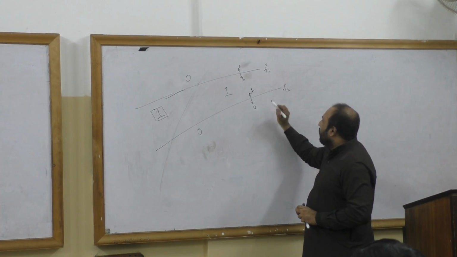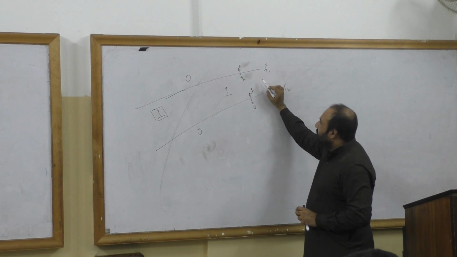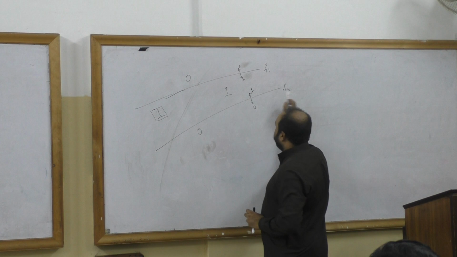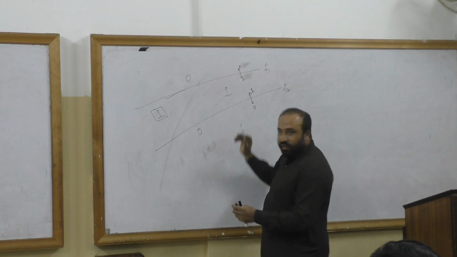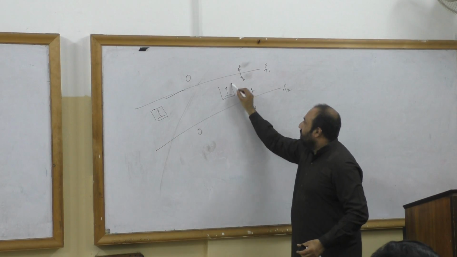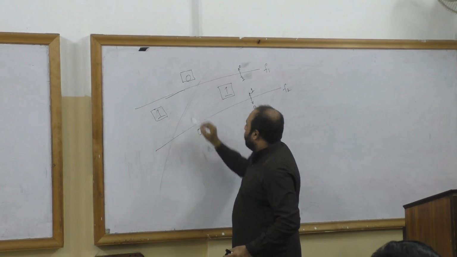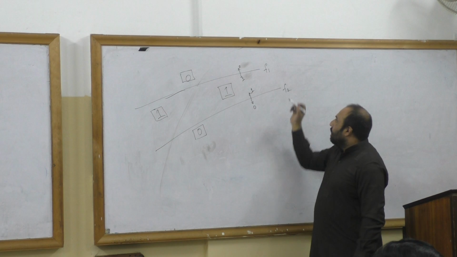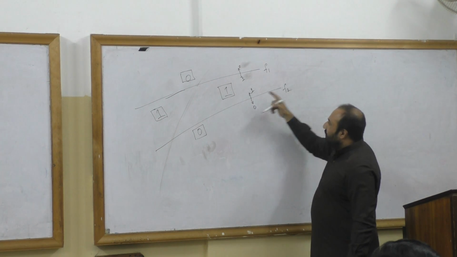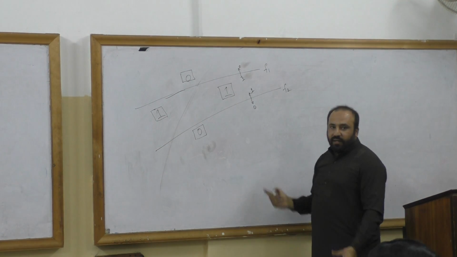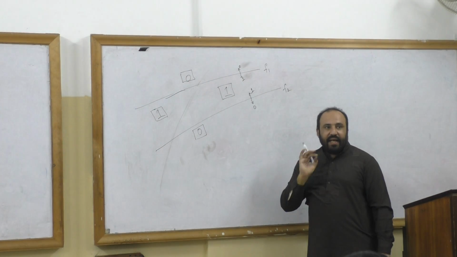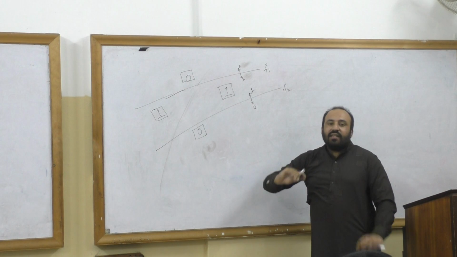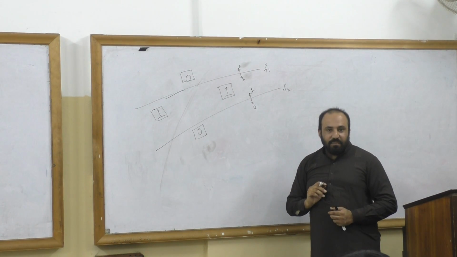If F1 gives 0 and F2 gives 1, also 0. अगर F1 भी 1 हो, F2 भी 1 दे तो 1 है. Okay, if F1 and F2 are both 1 then class 1, otherwise class 2.